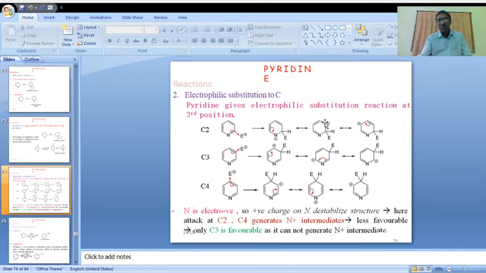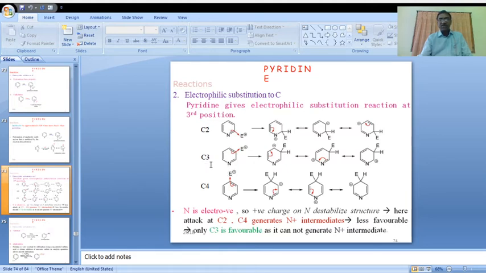If again this pi bond electron shifts to this side, this corner gets positive. These are the contributing resonance structures when the electrophile positively charged species attacks on C2 position.